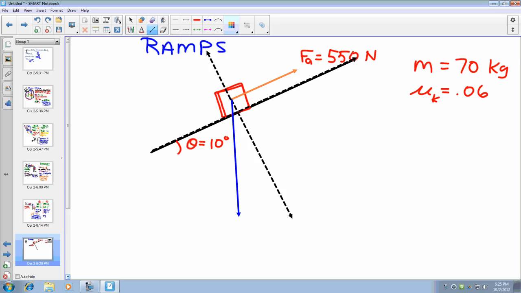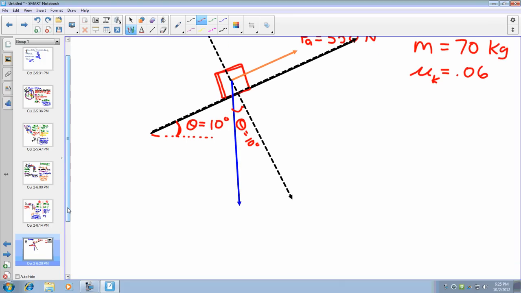And a little tidbit of information here, the angle that we see right here is going to be 10 degrees. That's the same angle that we saw over here when we had the ground right there, which we're ignoring right now. So that same angle is 10 degrees. And our force of gravity is still going to be our weight. So really, this is going to be our weight right here.